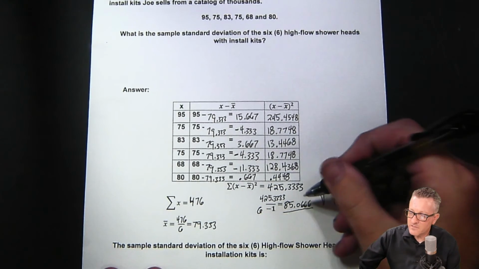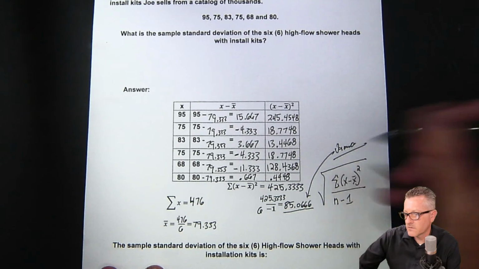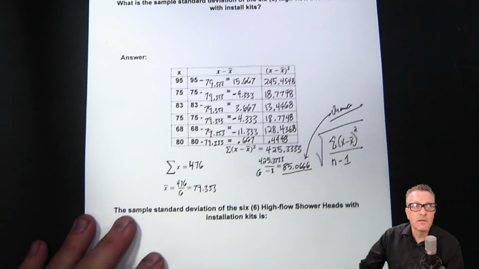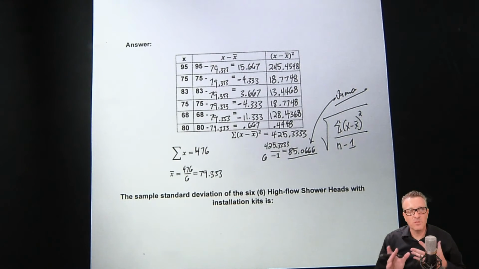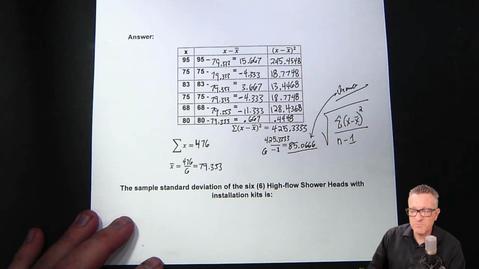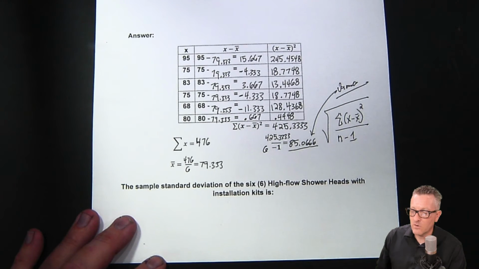So this is our variance. If we need the variance, we can do that. Now, most people don't like to work with the variance. Some people do. There's pros and cons, but most people want the standard deviation. It's a little bit easier to understand and work with.